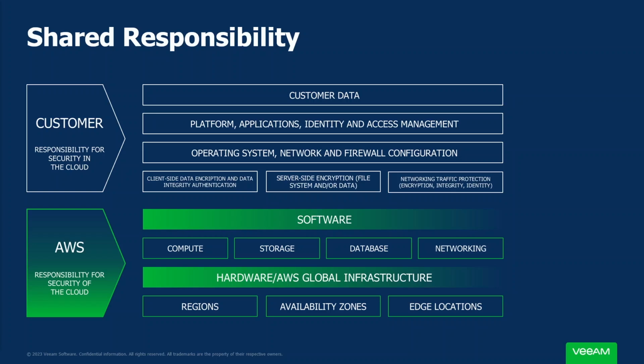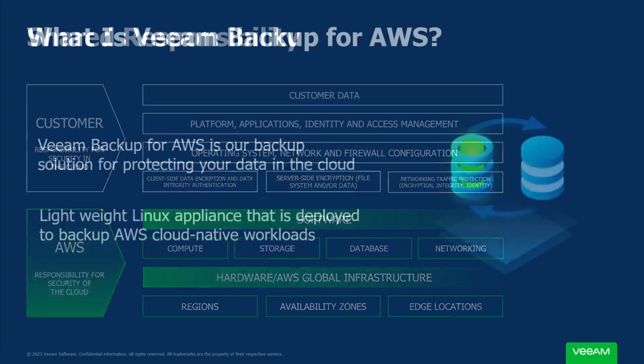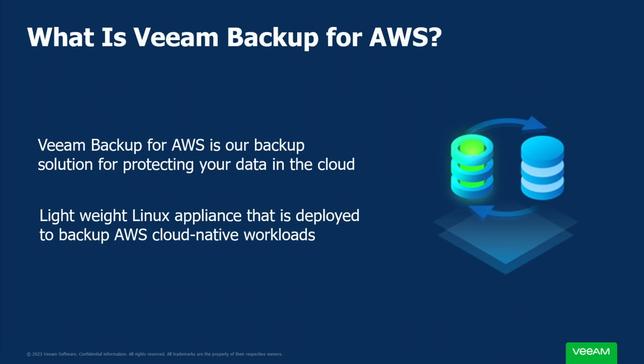You're really just thinking about the physical infrastructure of everything, while the customers are responsible for their own data, the platform, applications, identity and access management, operating systems, security configuration, that kind of stuff. So realistically, Amazon is only responsible for the infrastructure, while their customers are responsible for the data and everything that's hosted within that infrastructure. Veeam Backup for AWS allows you to back up and protect your data within the cloud.